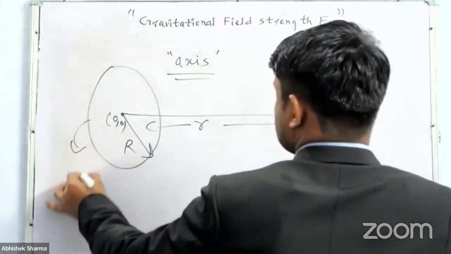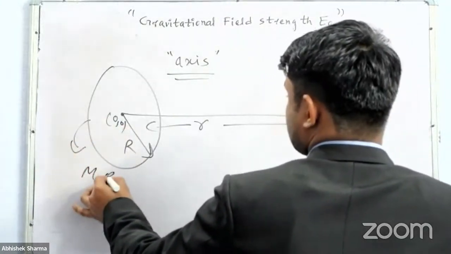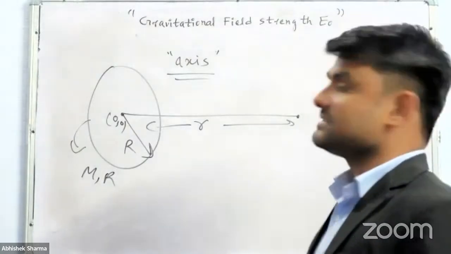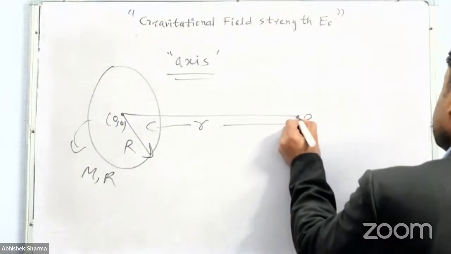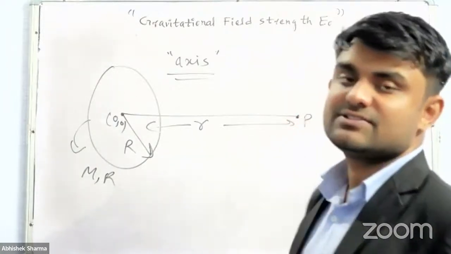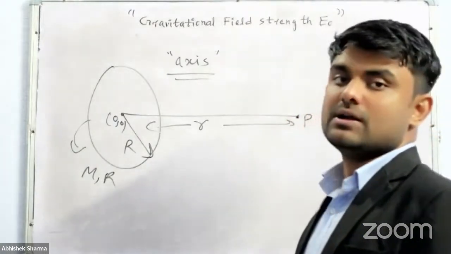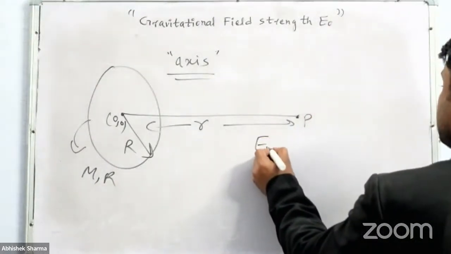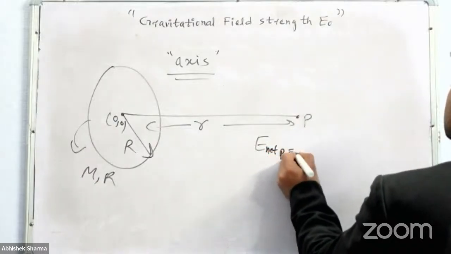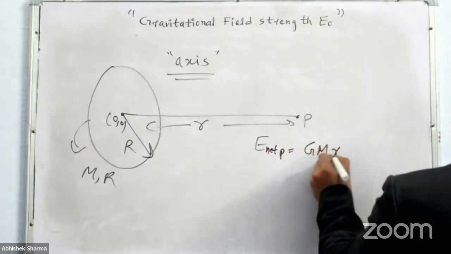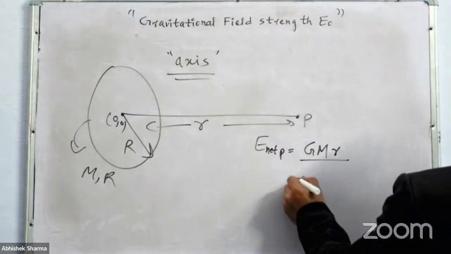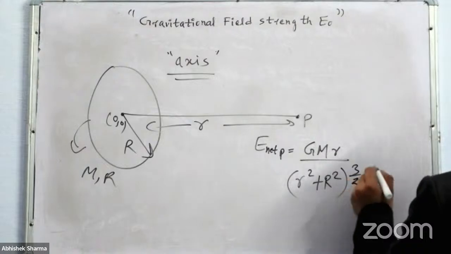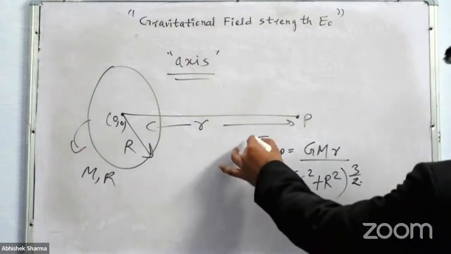This ring is having the mass M and the radius R. If you have been asked to find the field on the axis, at a particular point, say P, the gravitational field strength or intensity formula is what? It's very easy. You will say E net at point P is equal to G M x upon (R square plus x square) to the power 3 by 2. There must be no mistake in the formula. Remember this? It's very easy.